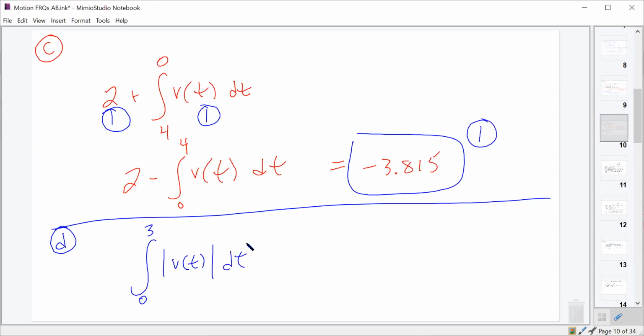Since we have a velocity function given to us, we can just integrate the absolute value of it, and our calculator will give us that value as 5.301. 1 point for the answer, 1 point for the right integral setup. Pretty straightforward.